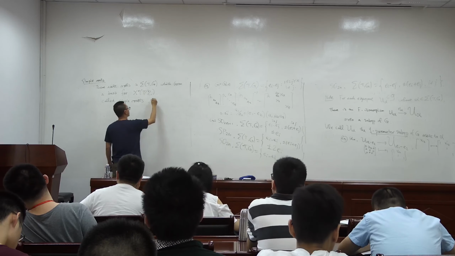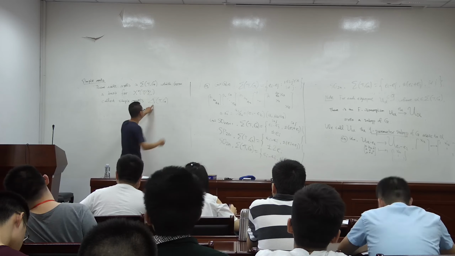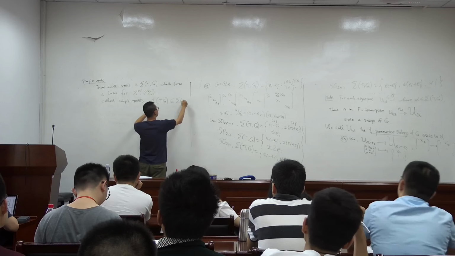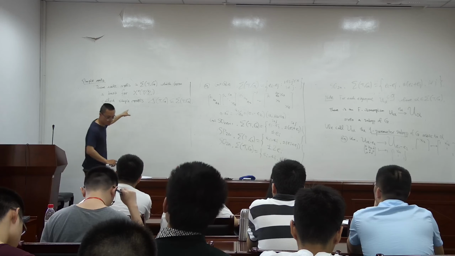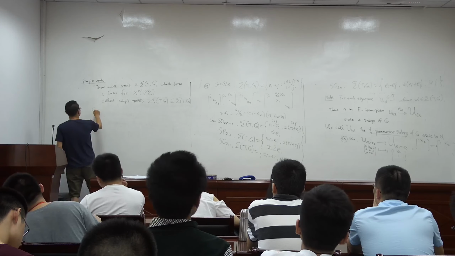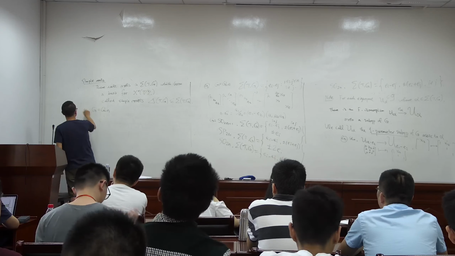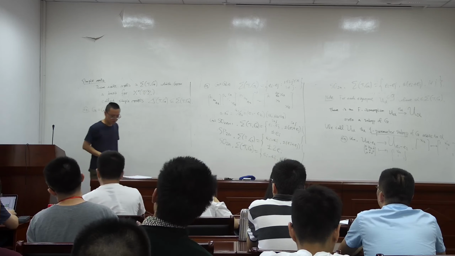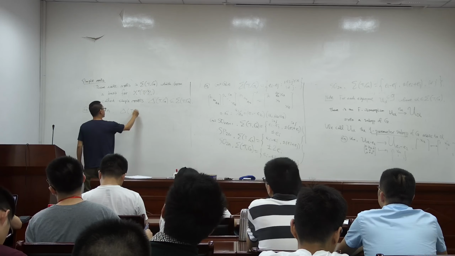In symbol, I use delta. So this is a subset in the root system. But there are many choices, but let me fix one for each group. So for the general linear group, let me take this.